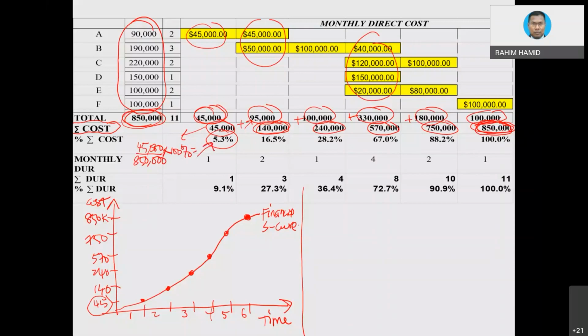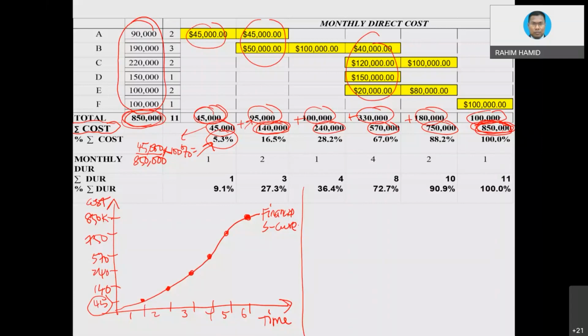So that is what we call percentage in terms of financial value. Either you want to show in terms of amount or percentage. Perhaps normally for easy reference, people just associate with percentage. Okay. All right. So that is how the S-curve for financial is being generated based on our Gantt chart, and then based on the amount that we attach to each activity.